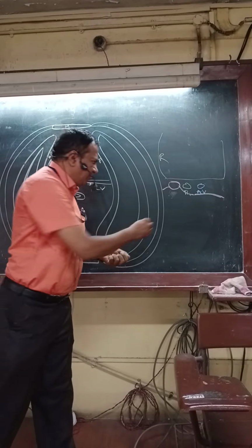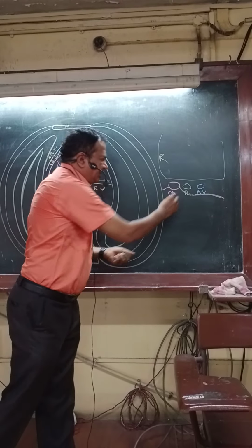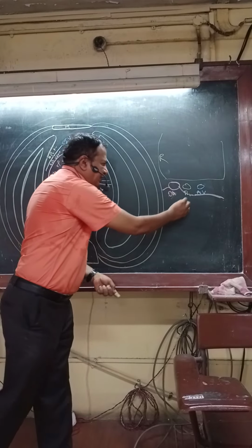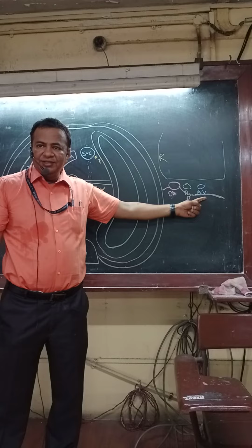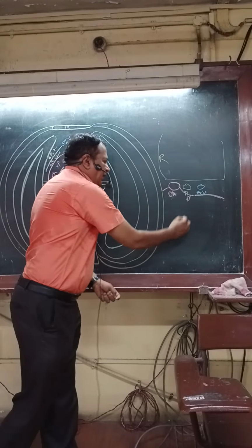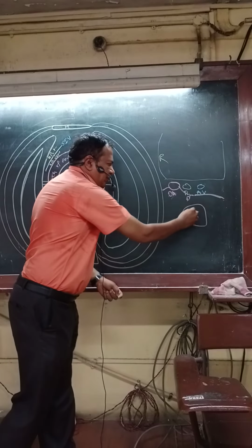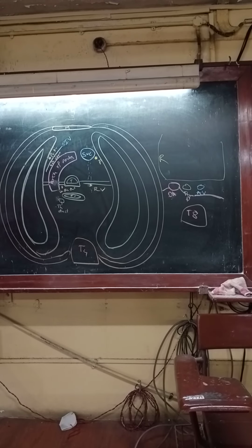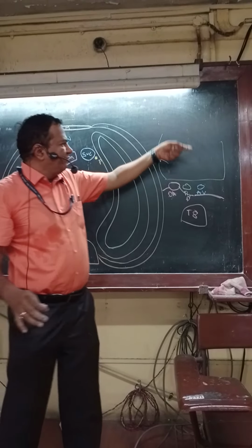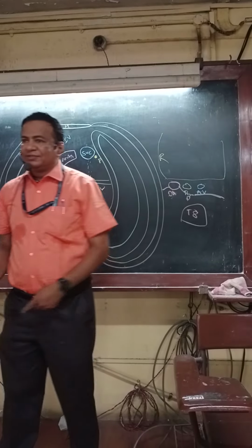We see the descending thoracic aorta, thoracic duct and azygous vein. Three structures at the level of T8. Only three structures. Because in front there will be diaphragm and on the diaphragm will be the lungs.